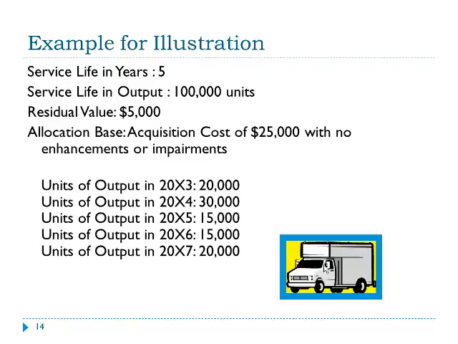We have no enhancements or impairments. And we're going to estimate the units of output for each of the next 5 years. And we'll simplify this by saying our expectations are what actually was realized for this asset.